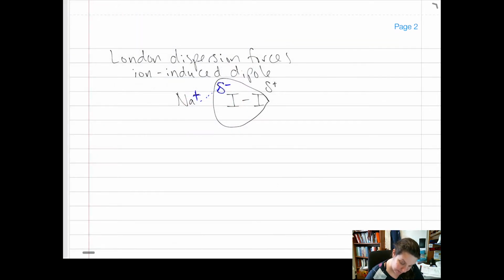Your ion-induced dipole is a weak force, between 3 and 15 kilojoules per mole. Then we move on to dipole-induced dipole.